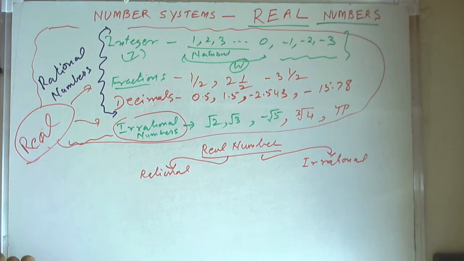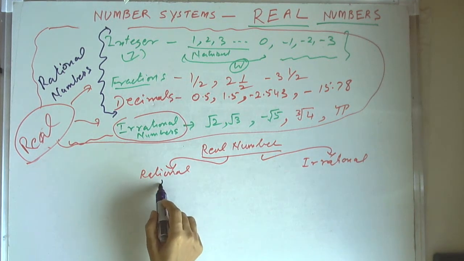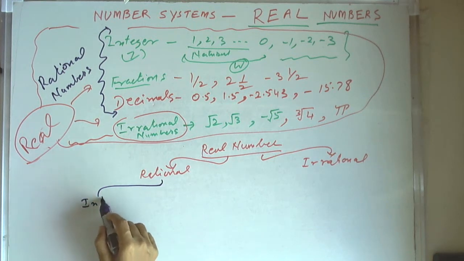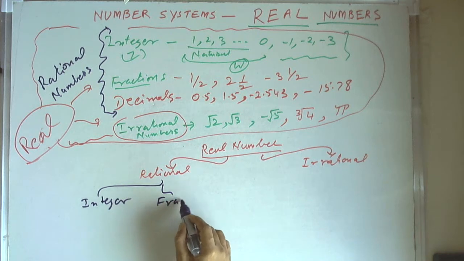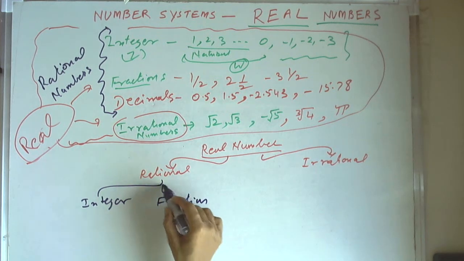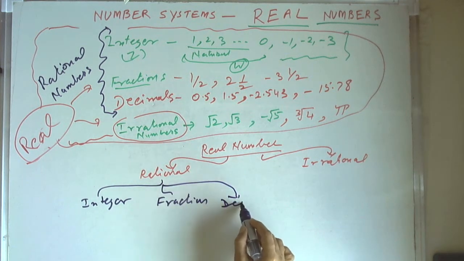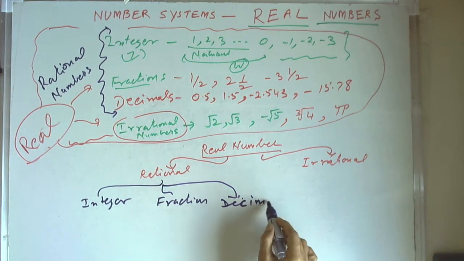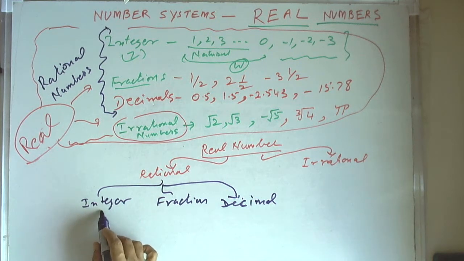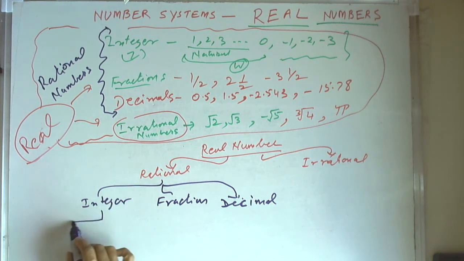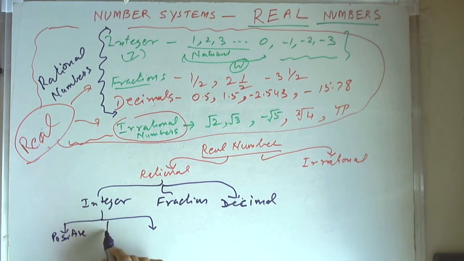Within rational numbers we have integers, then fractions, and then decimals. And within integers, we have positive, then we have 0, and then we have negative.